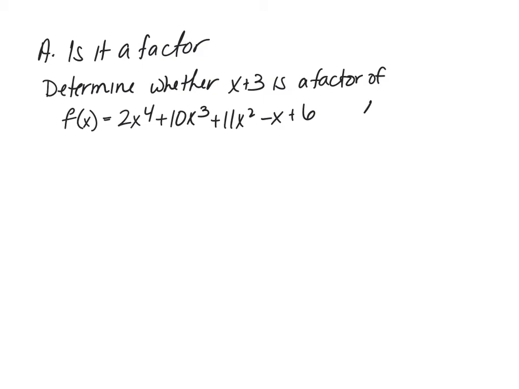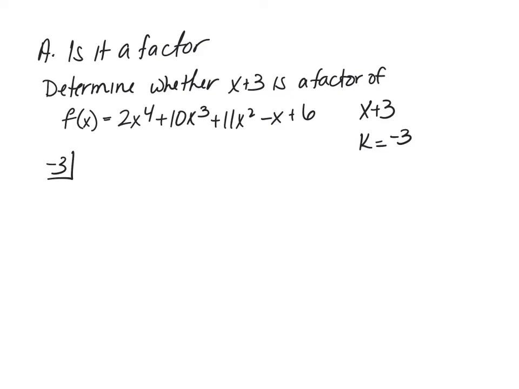So if the x plus 3 is x minus k, k is equal to negative 3. K is the opposite. Okay, and so we're going to put negative 3 into our box. Then remember we write down our coefficients and we put zeros for any term that's missing.